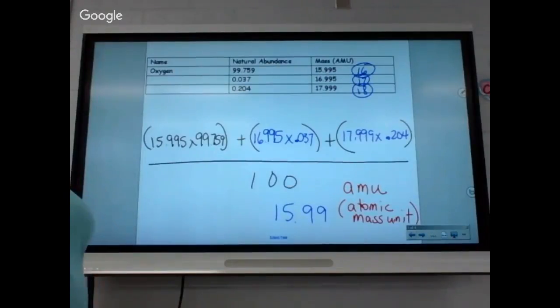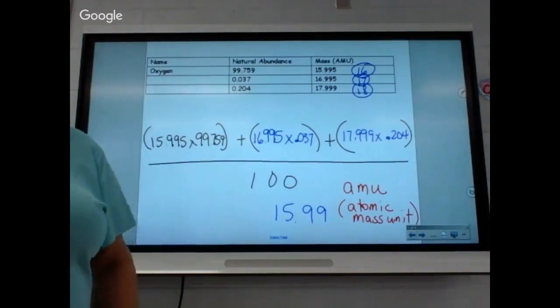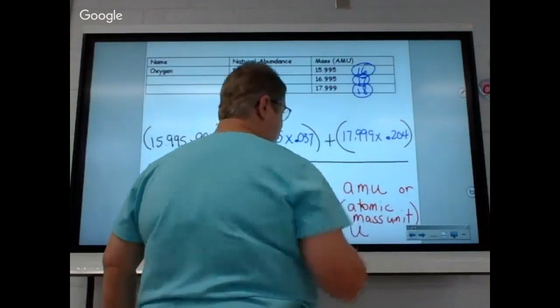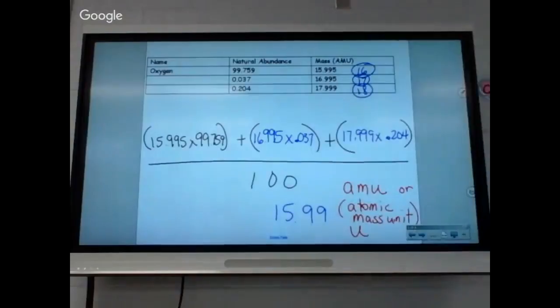If you don't want to write AMU and you want to use the abbreviation, you can choose to use U. They abbreviated AMU all the way down to U if you decide that AMU is just too long for you. Why they decided that, I have no idea. But they did. Okay?